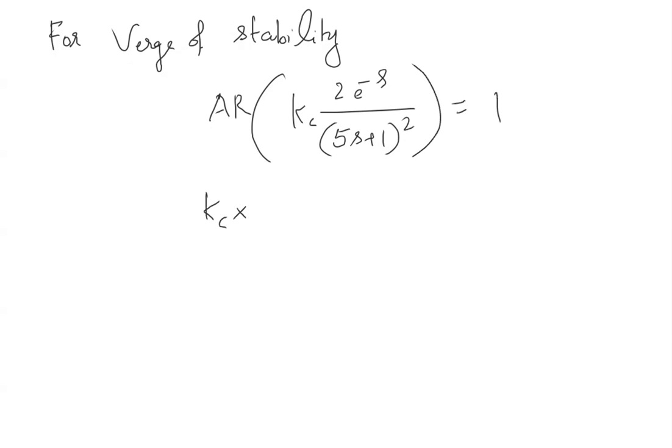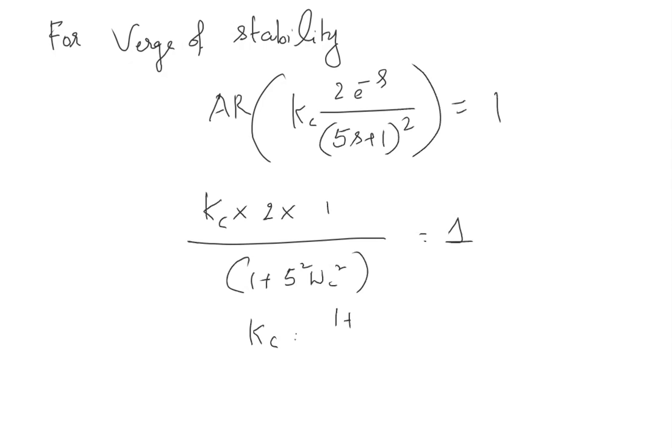Kc into 2 into amplitude ratio of e power minus s, which is 1, by square root of 1 plus 5 square omega c square, is equal to 1. So Kc is (1 plus 25 omega c square) divided by 2.